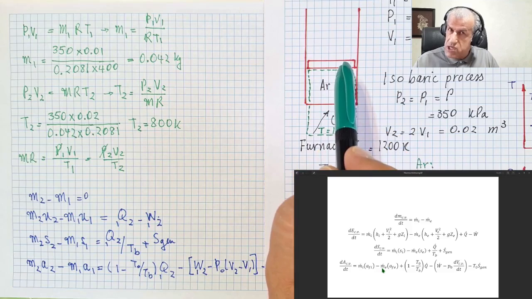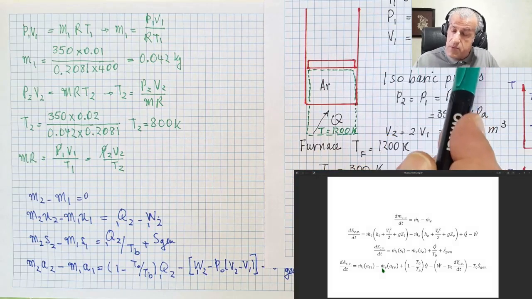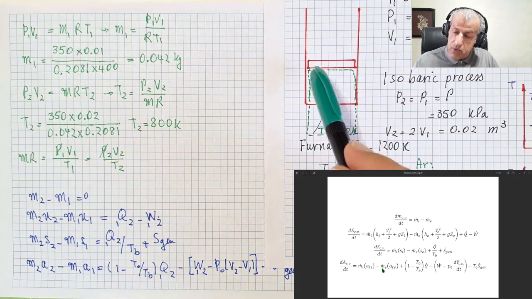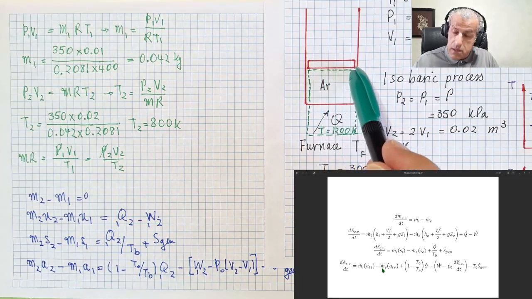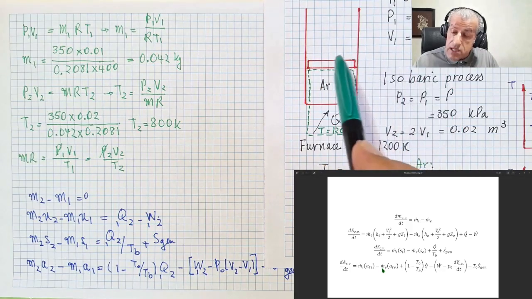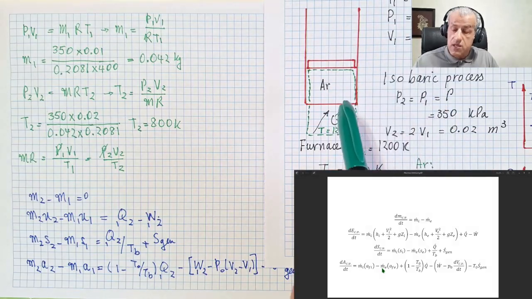What's the pressure of that boundary? Its pressure is 350 kilopascal. The selection of the boundary is very important for work. This boundary has a pressure of 350 kilopascal. It does work on the piston, and therefore its pressure is 350 kilopascal.